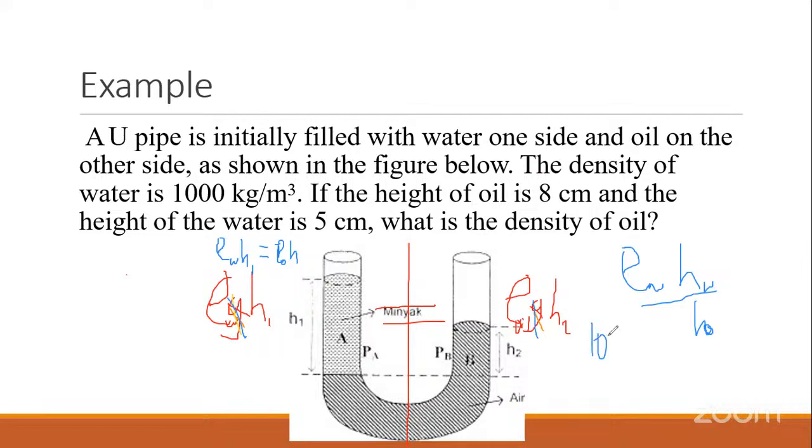So that is 1,000 times 5 divided by 8. So that is 5,000 divided by 8, which is equal to 625. Density is 625 kilogram per meter cube.